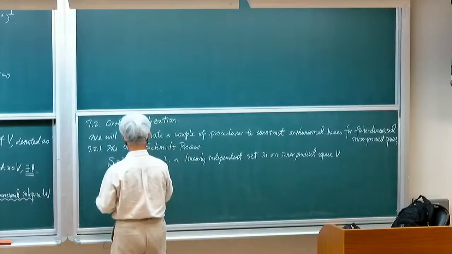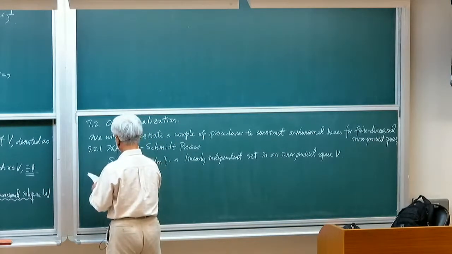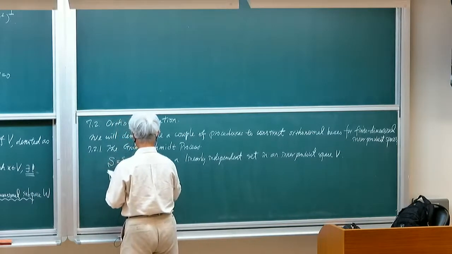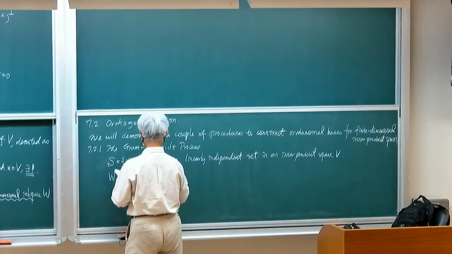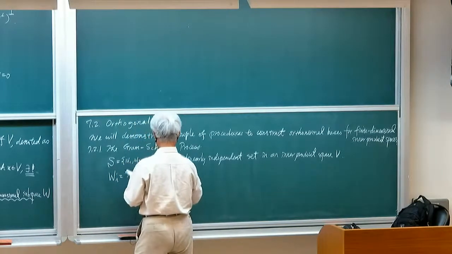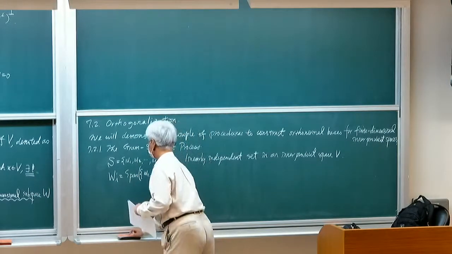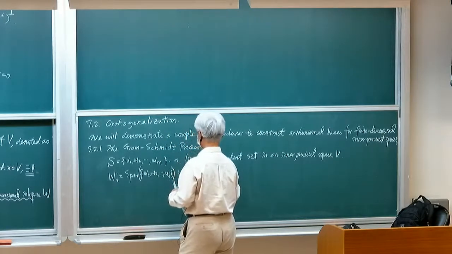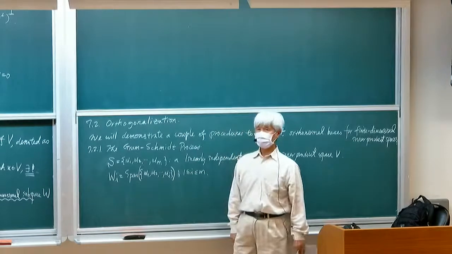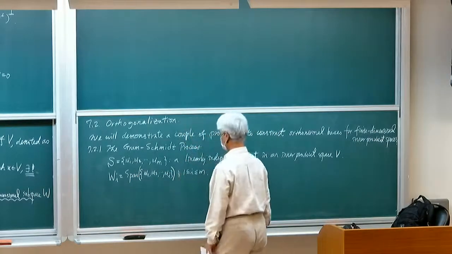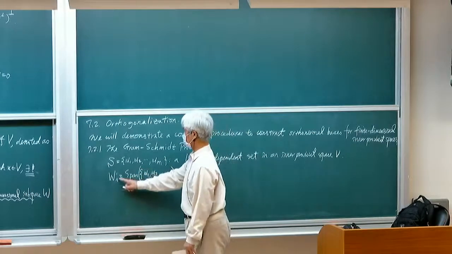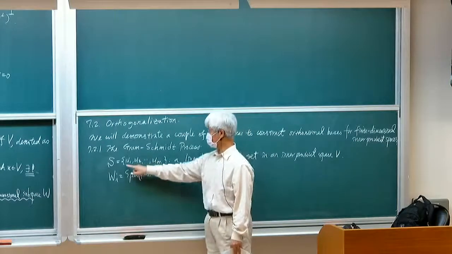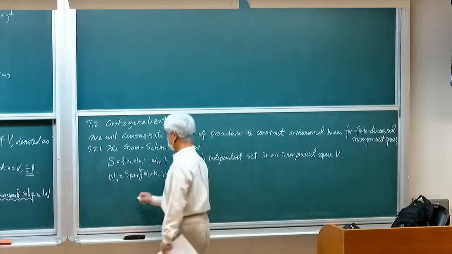All right, and we let Wi be the span of u1, u2 up to ui, for i from 1 to m. Okay, so we will construct the subspaces using the vectors in this linearly independent set.